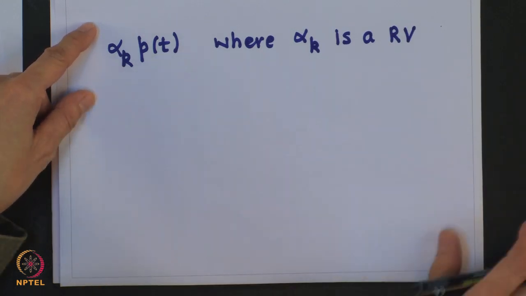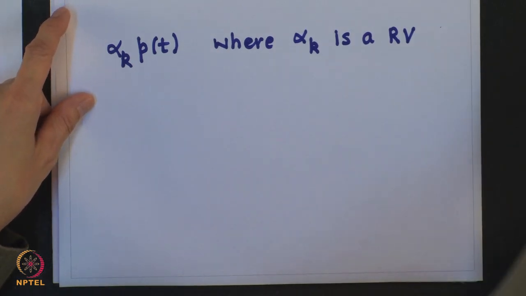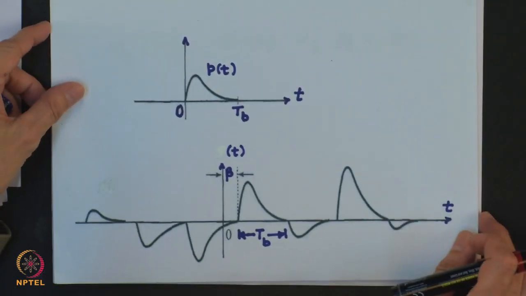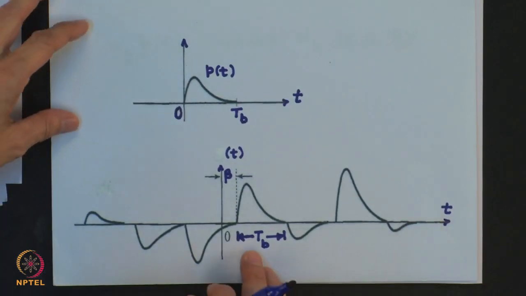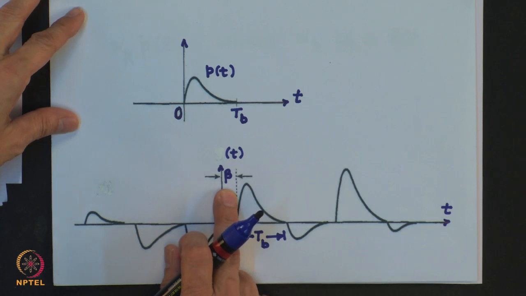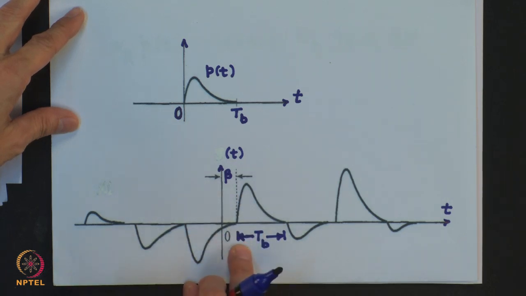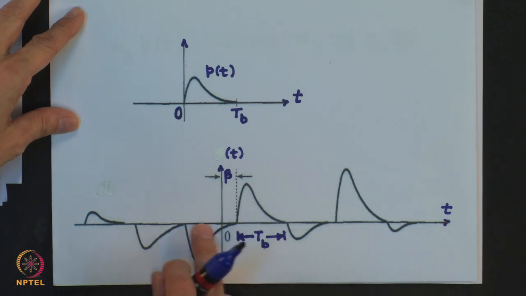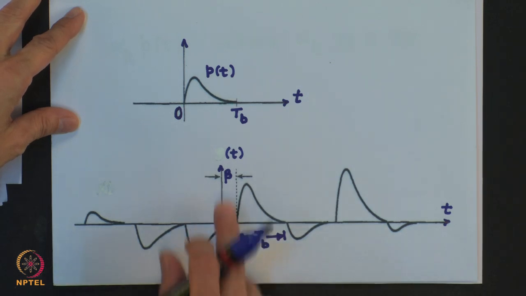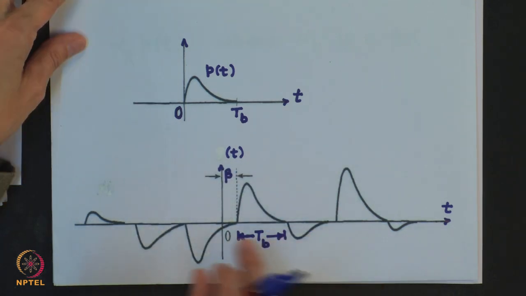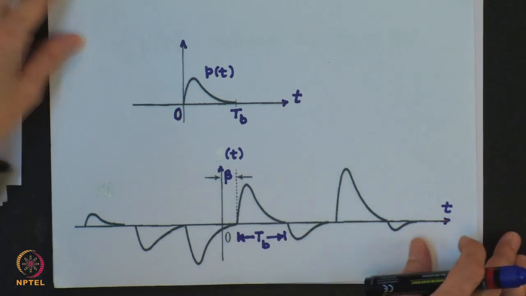Now, to be very generic, we will assume that the pulse train which is being transmitted on the communication channel looks as follows, where the distance beta of the first pulse, that is k equal to 0, from the origin is likely to be any value in the range between 0 to capital TB.